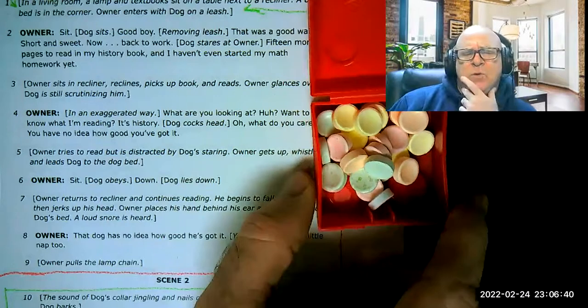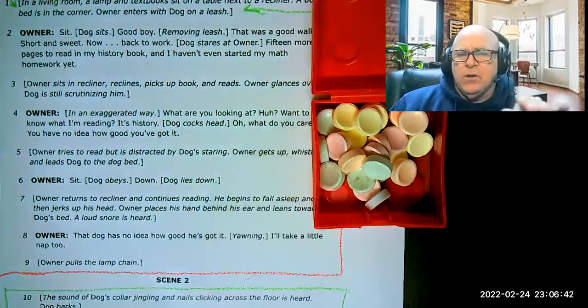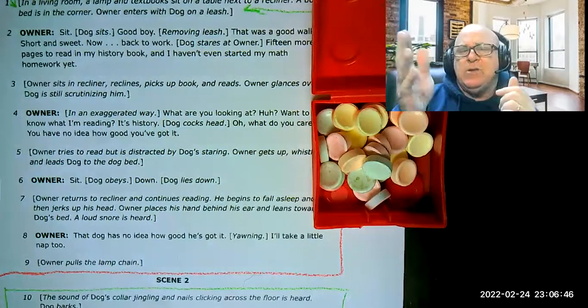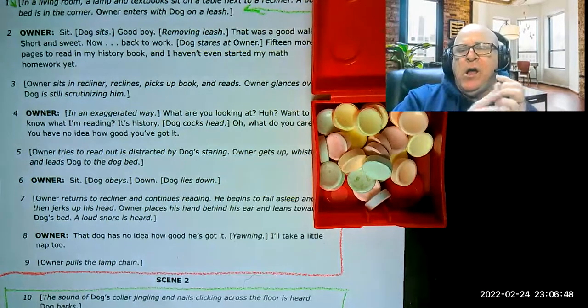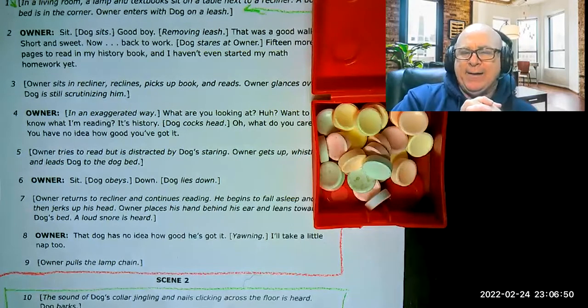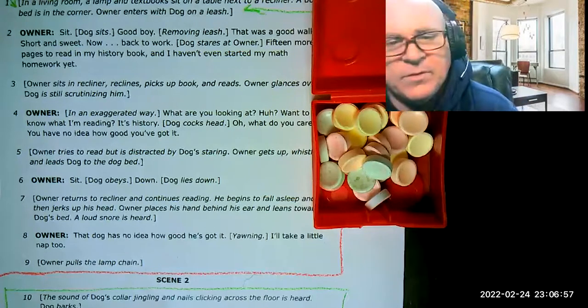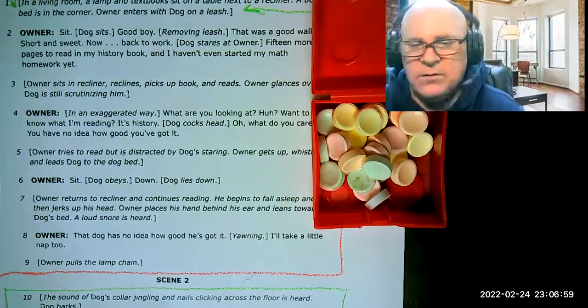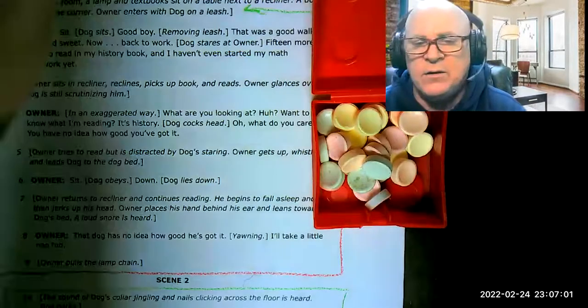That dog has no idea how good he's got it. Not true. That's just his opinion. Stage directions, yawning. Action. I'll take a little nap too. So we've got the yawning. He's tired.